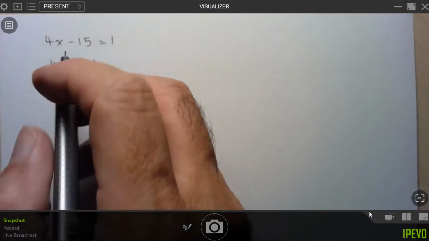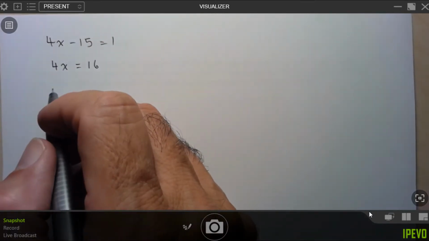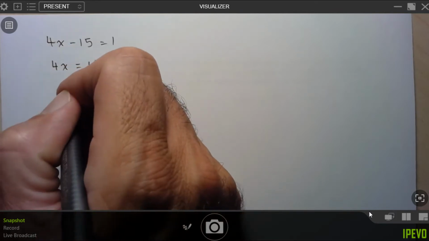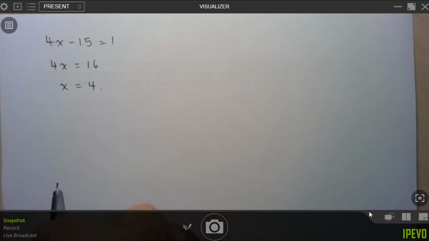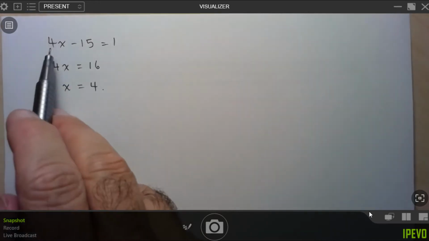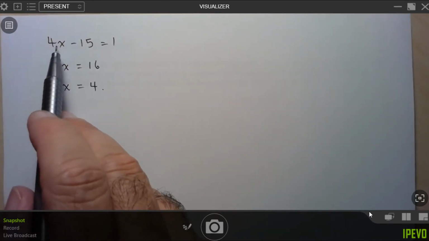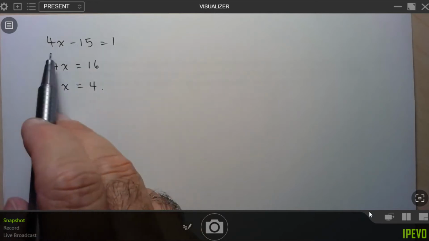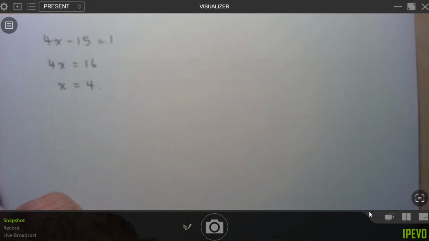So 16, and then similarly here, if I divide the left-hand side by the same amount that I divide the right-hand side, the equality will hold. So x equals 4. So that means that if I replace x by 4, 4 times 4 is 16 minus 15 is equal to 1. It solves this equation. Okay?